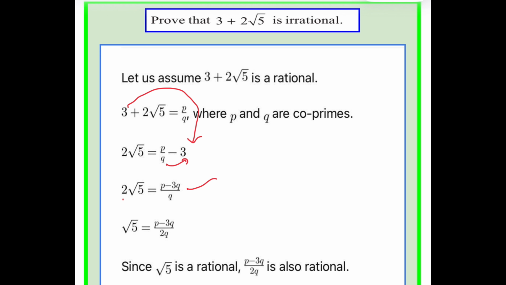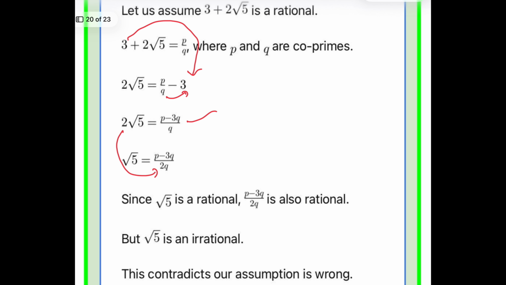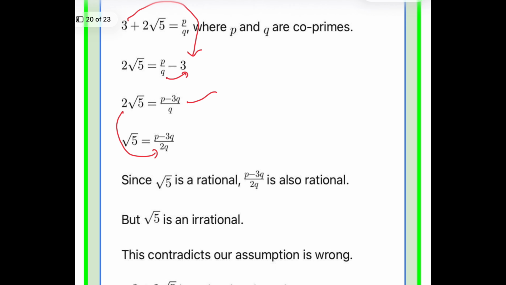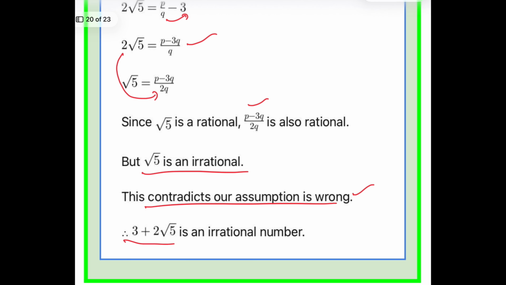If you transpose the 2, it will come down. Then it becomes p minus 3q by 2q. Since root 5 is rational, p minus 3q by 2q is also rational. But root 5 is irrational. This contradicts, so our assumption is wrong. Therefore, 3 plus 2 root 5 is an irrational number. This is for a 2 marks question.